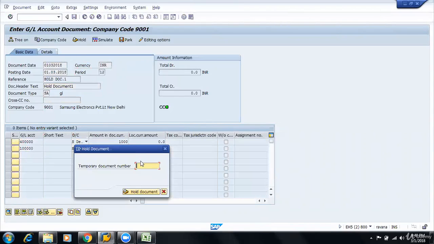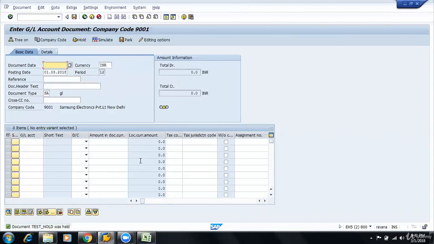What would happen? Let me give the number test underscore hold. I did nothing new. What I did was I only held a document, but at a fast pace because you have already seen how I post a document.